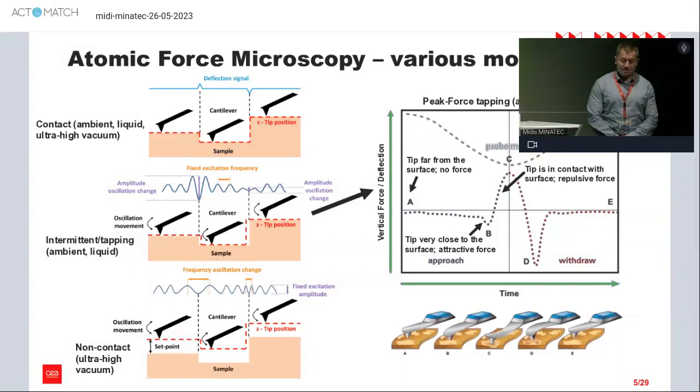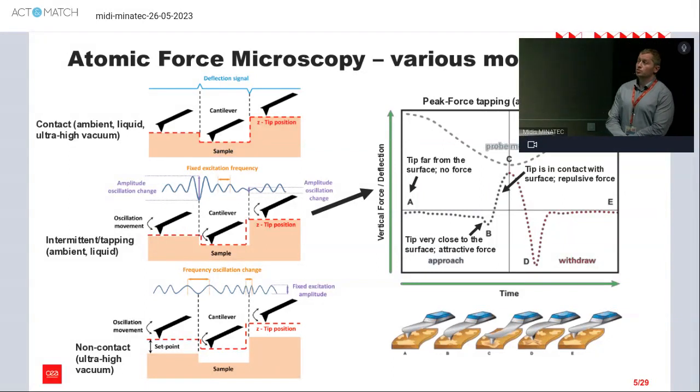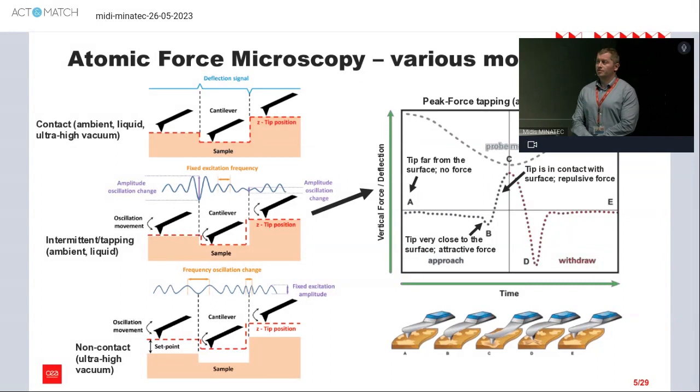To control the vertical force, we need information about this deflection signal and use the scanner to scan the topography. Another mode which is very often used is intermittent contact mode.